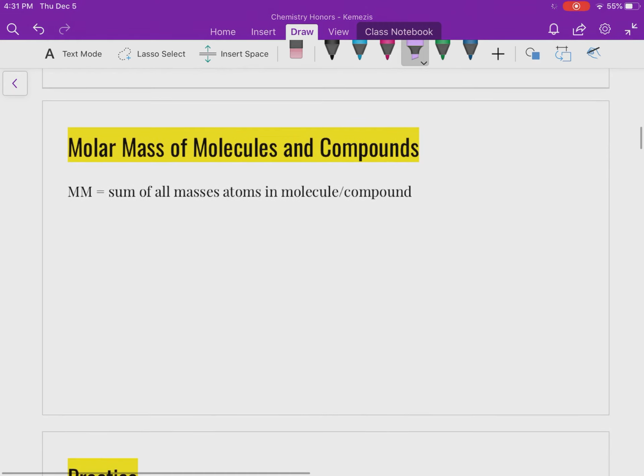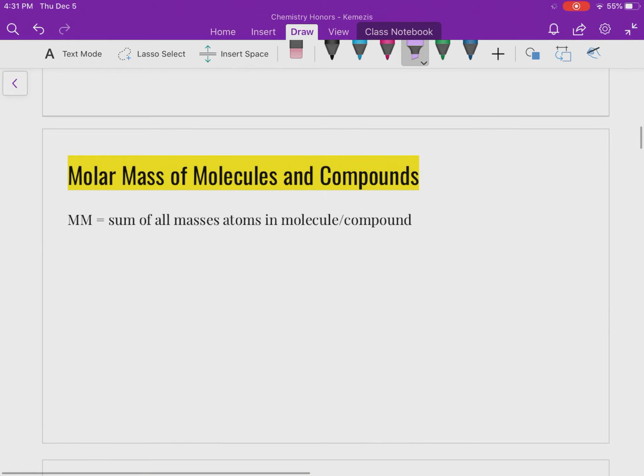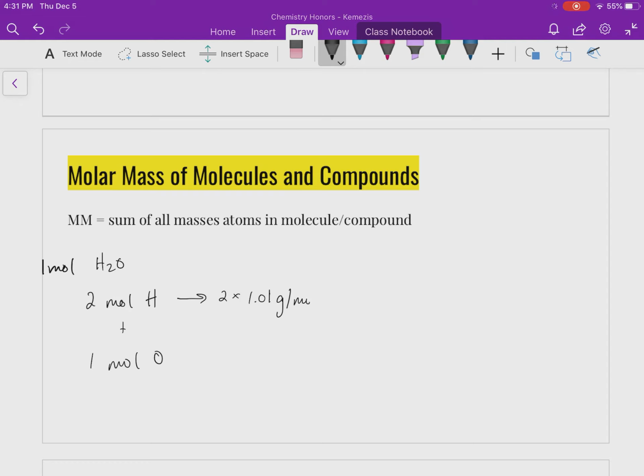But we can also talk about the molar mass of molecules, because if I have 1 mole of water, then I have 2 moles of hydrogen and 1 mole of oxygen. When I break it into its pieces, I look at the periodic table: hydrogen has a molar mass of 1.01, but I have 2 moles of it, so I take that into account, which gives me 2 times 1.01 grams per mole.